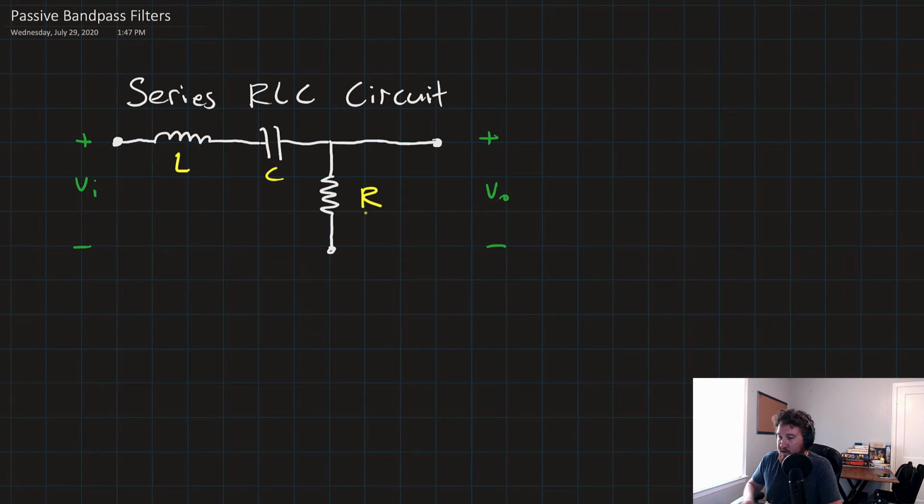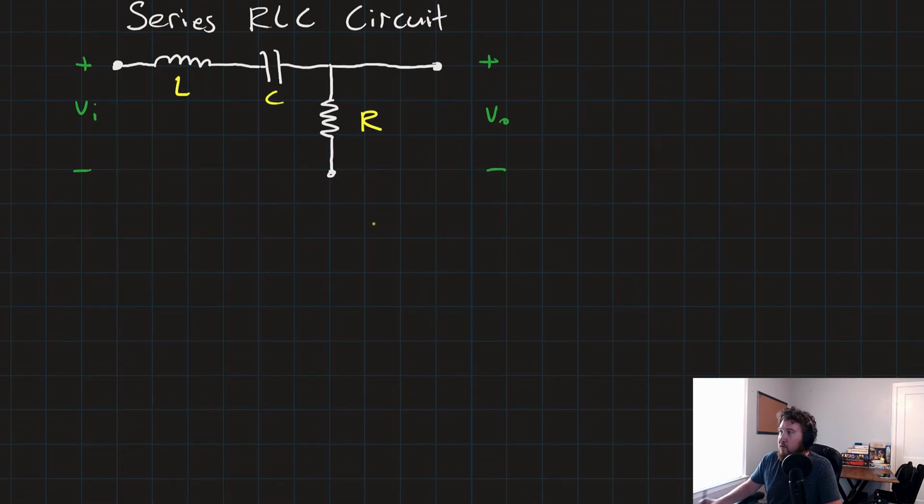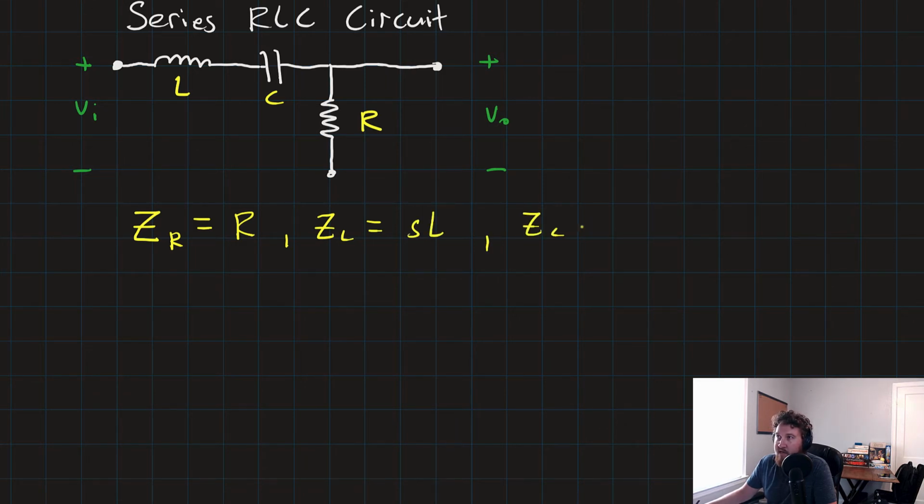First things first, let's go ahead and try to derive our transfer function. Just to quickly recap, don't forget our impedances. After we take the Laplace transform, Z sub R is equal to R, Z sub L is equal to S times L, and Z sub C is equal to 1 over SC.